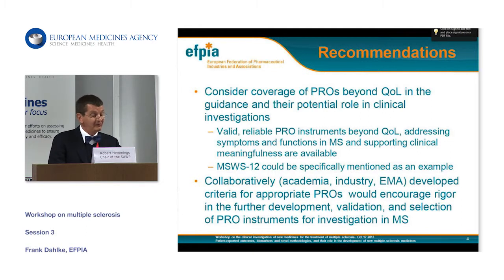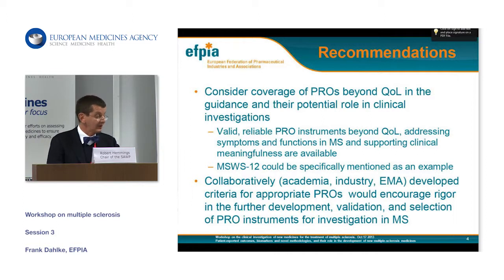The recommendation we have here is that the guidelines should probably consider covering a broader range of patient-reported outcomes beyond quality of life, and probably the MSWS-12 could be specifically mentioned as an anchor, as an example of a scale which, at least from its properties, is deemed useful enough by regulatory authorities to be useful in a drug development process.